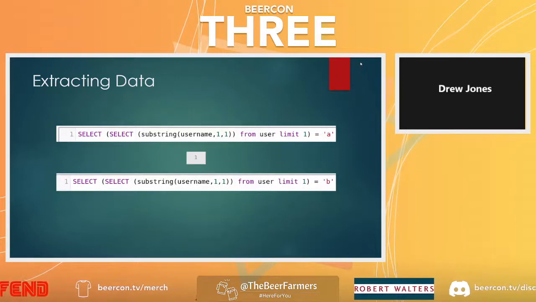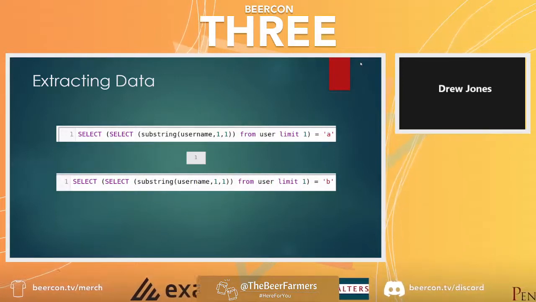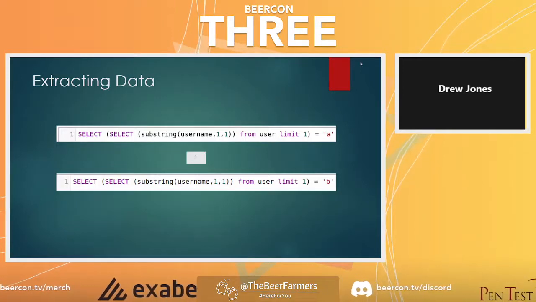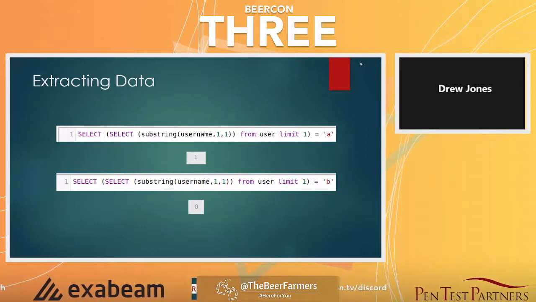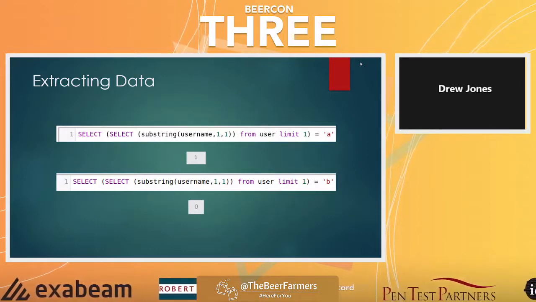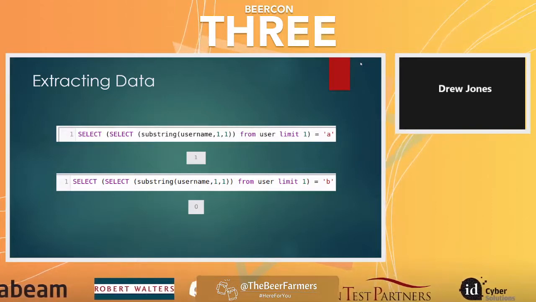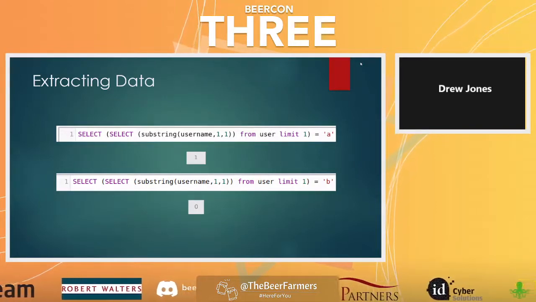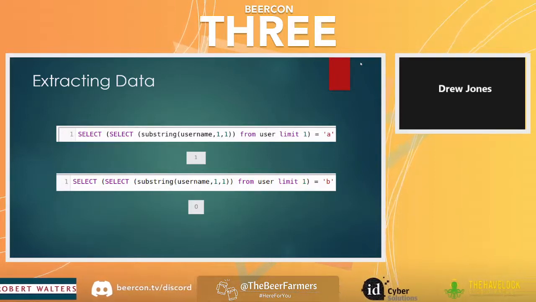Meanwhile, if we ask it a false statement, such as is the first letter from the username table B, or any other character or letter, it will return false. So now we have a way of actually asking the database true and false questions using substring, so we can ask it one at a time.